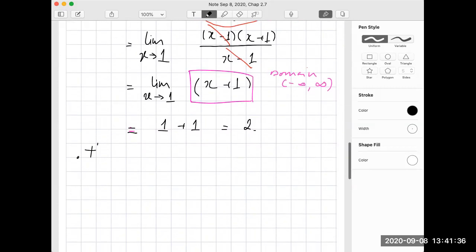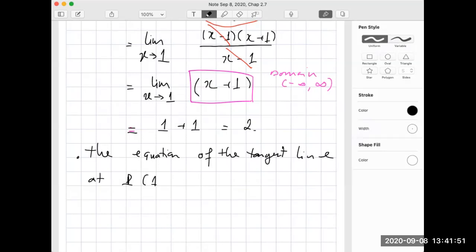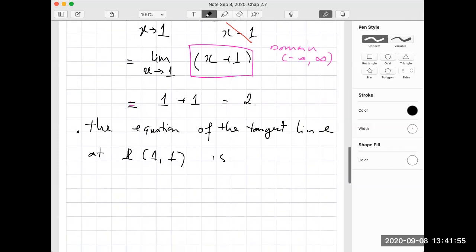Therefore, the equation of the tangent line at this point is y minus y1 is equal to m times x minus x1.